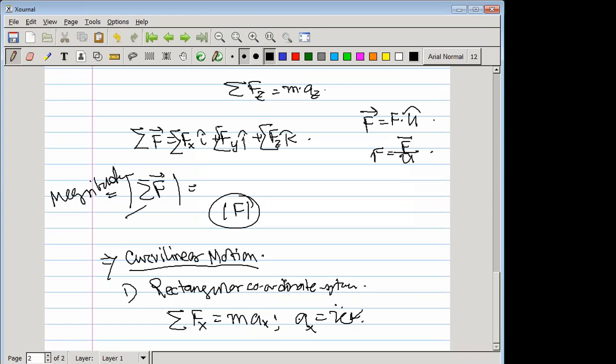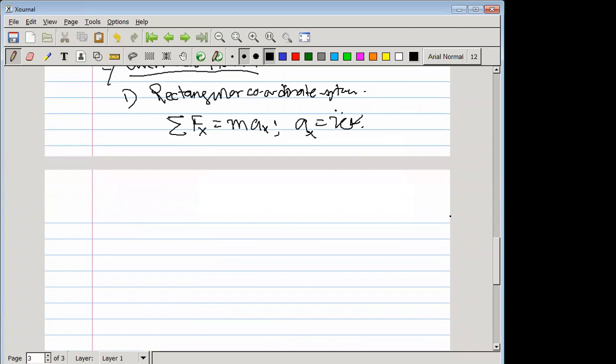Similarly, it is also applicable for y: summation of Fy is equal to m ay, where ay is nothing but y double dot, and similarly for z.